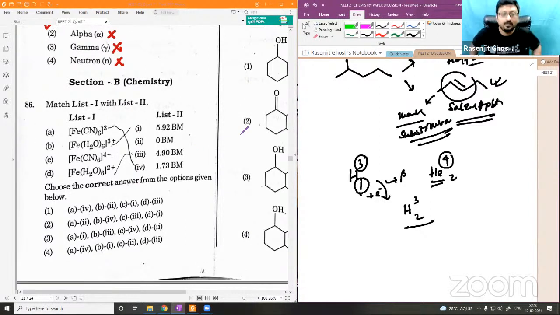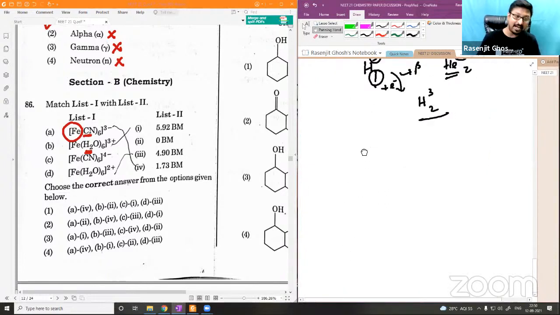Make the list. This one, you have to do a little bit of calculation. But most importantly, you have to think 2 things in your mind here. What is the oxidation state of iron? This you have to think first. And second thing, what kind of ligands are they? Now, if you can see here, CN minus is a strong field ligand.